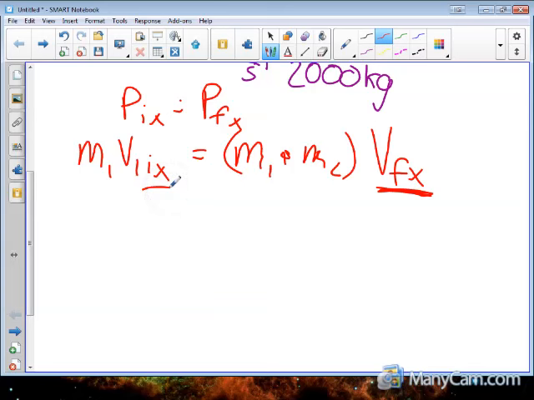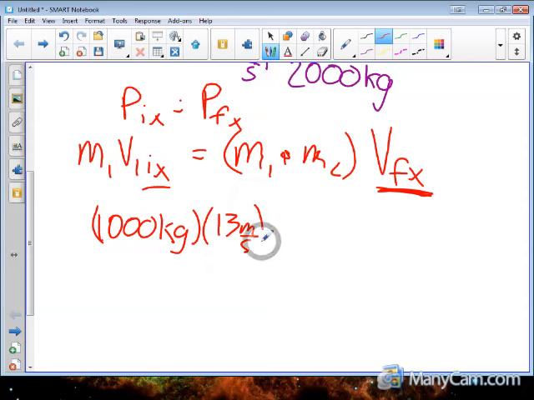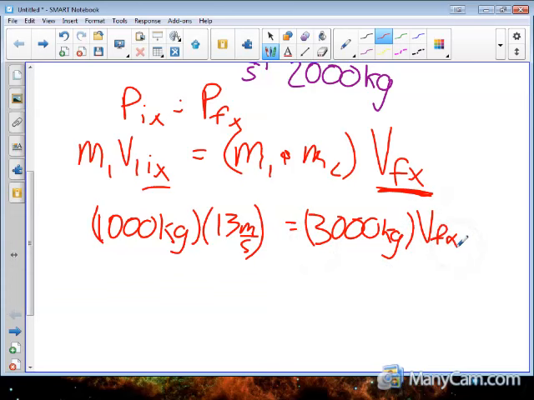Plugging that in, I've got 1,000 kgs times 13 meters per second equals M1 plus M2, which is 3,000 kgs, times VFX, and I'm solving for VFX. So VFX ends up being 4.3 meters per second.